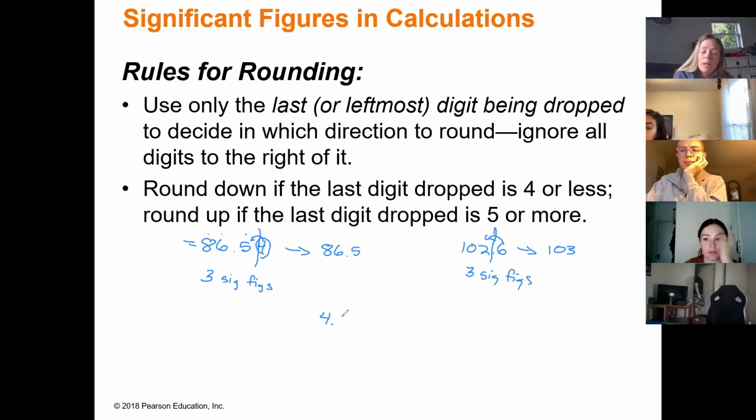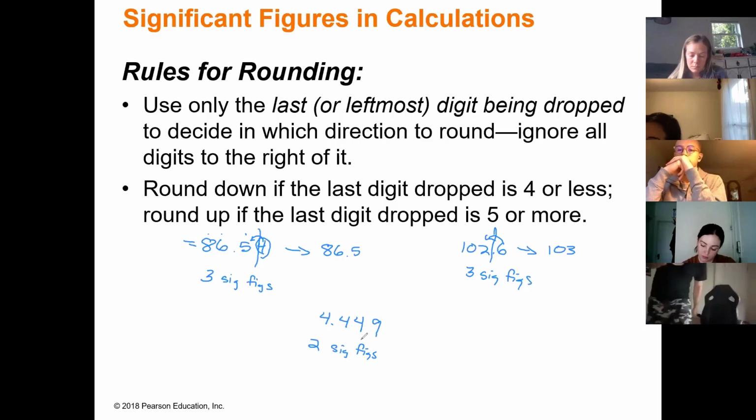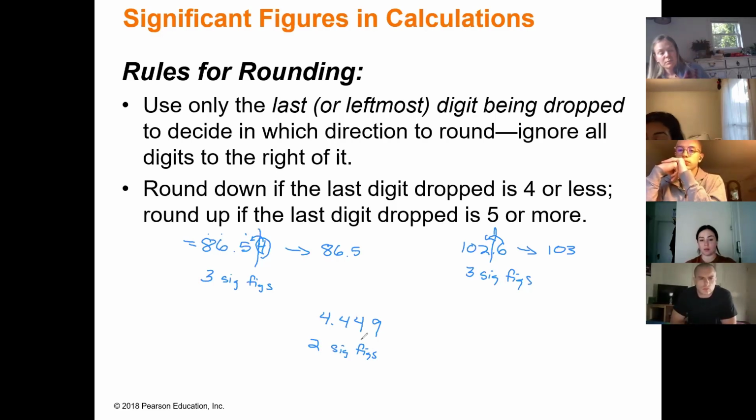Round this 4.449 to 2 sig figs. So in this case, we're going to keep the 4 and the 4.